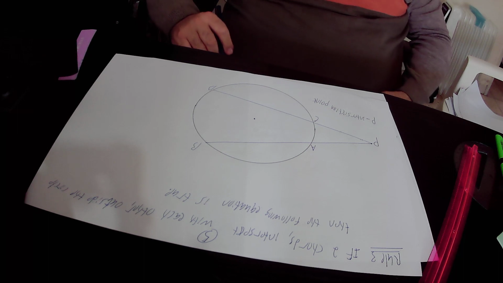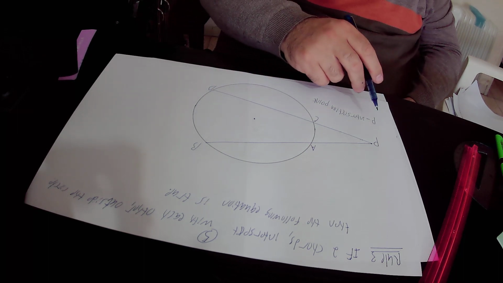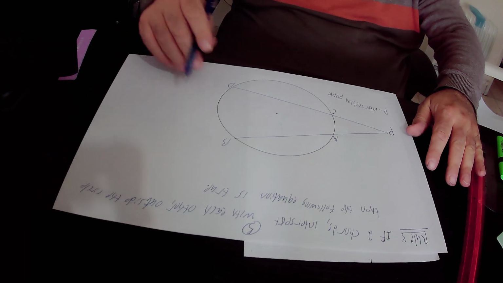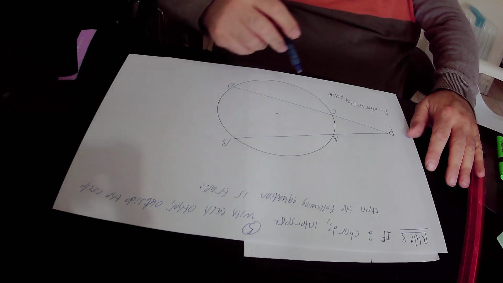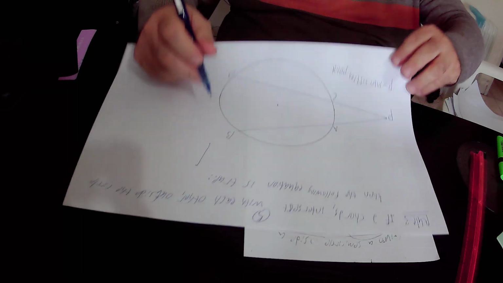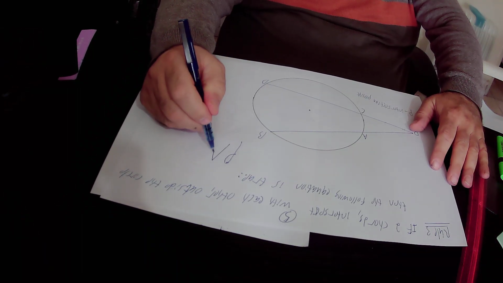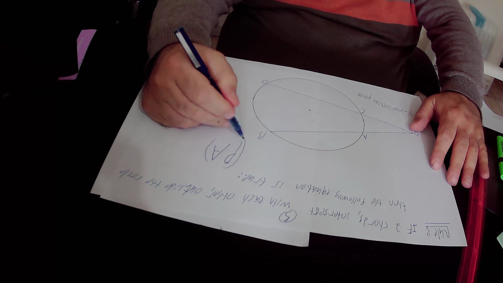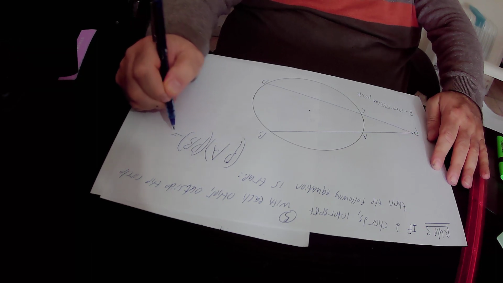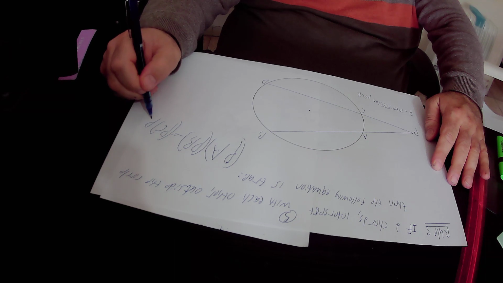So, if chord AB intersects with chord CD at point P, then the following equation is true: PA times PB equals PC times PD.